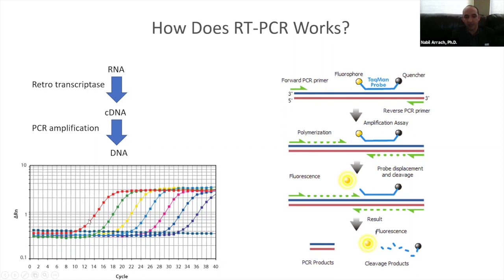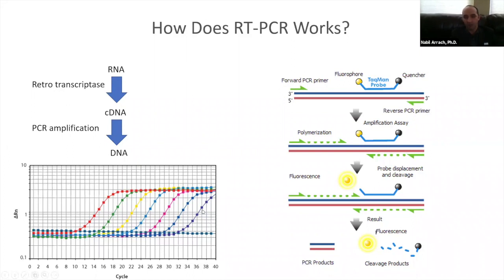What you see, for example, in the red is an exponential curve, because the DNA multiplies exponentially. When you take the median value, you get 15 cycles. All that means is after 15 cycles, you start seeing an exponential increase in DNA. So we use the CT cycle to define how much DNA you have amplified.